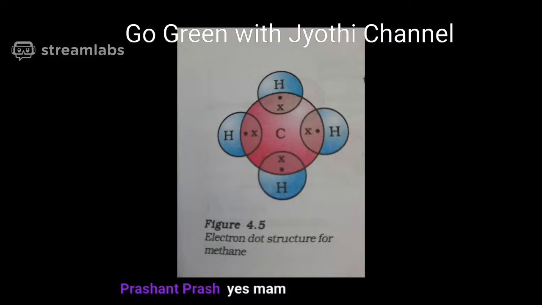So, methane is highly stable because it is completely filled and has attained octet structure, and there is no place to undergo further chemical reaction. So, methane is a highly stable compound.